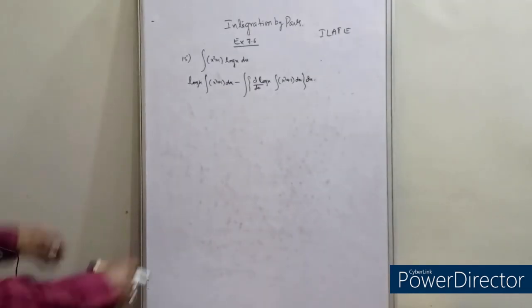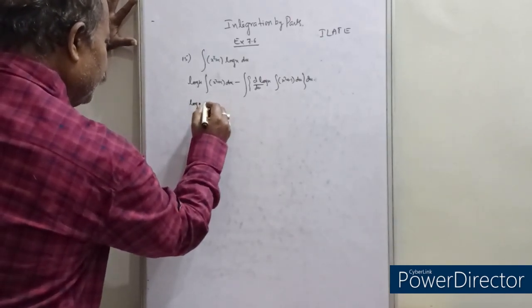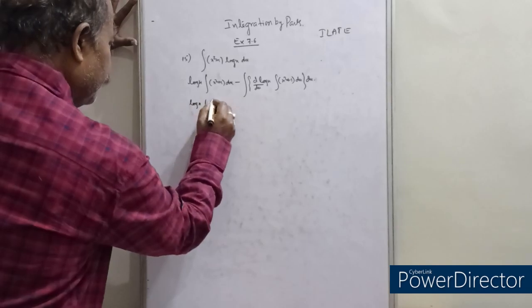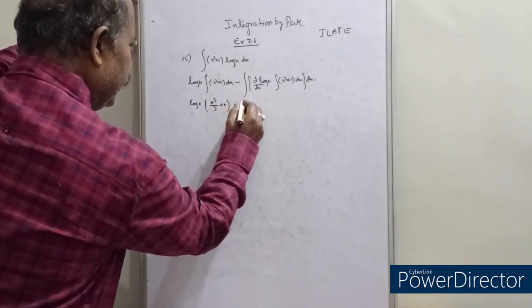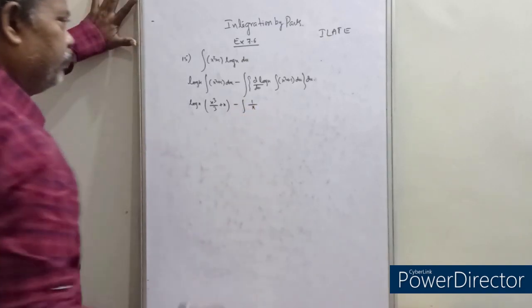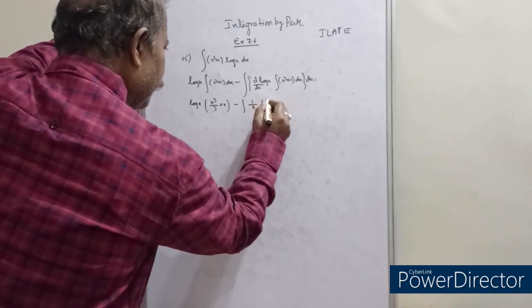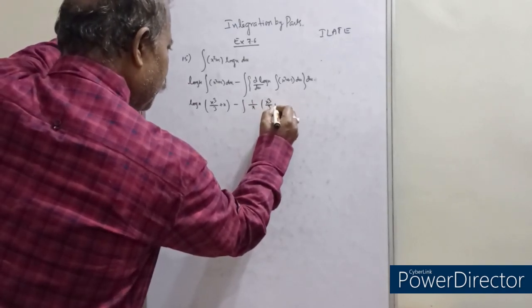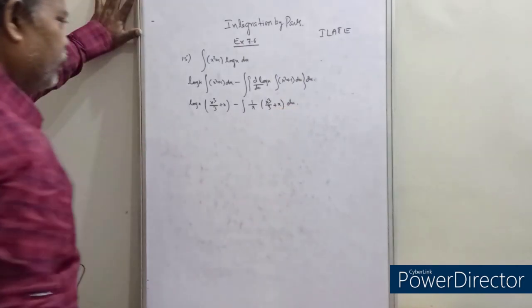So here this will be log x and the integration of this will be x cube by 3 plus x, and here this will be 1 by x and the integration of this will be x cube by 3 plus x, dx.